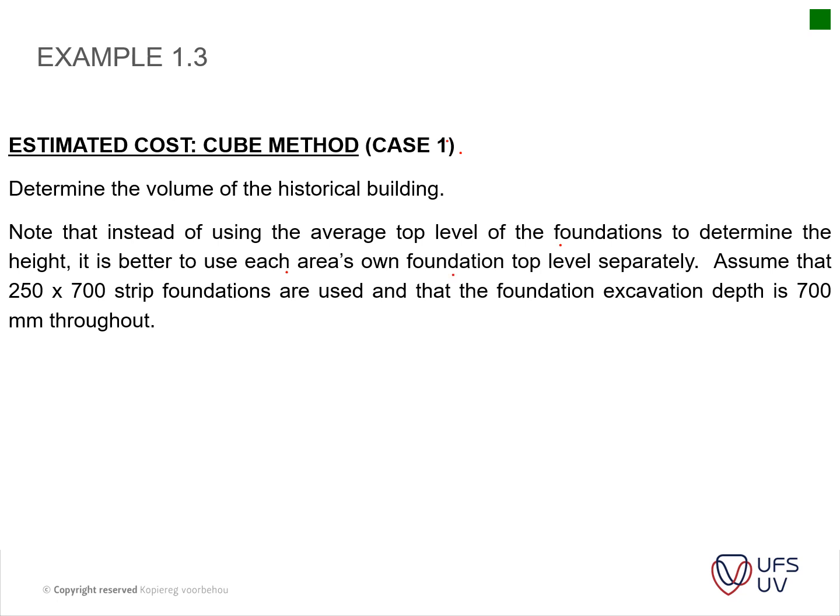Assume that 200 by 700 strip foundations are used, and that the foundation excavations are 700 millimeters deep throughout. So if you go through your examples, all that is basically saying here is that whenever you use your cube method, it's better to calculate the different areas or the different volumes separately. It will be explained now.